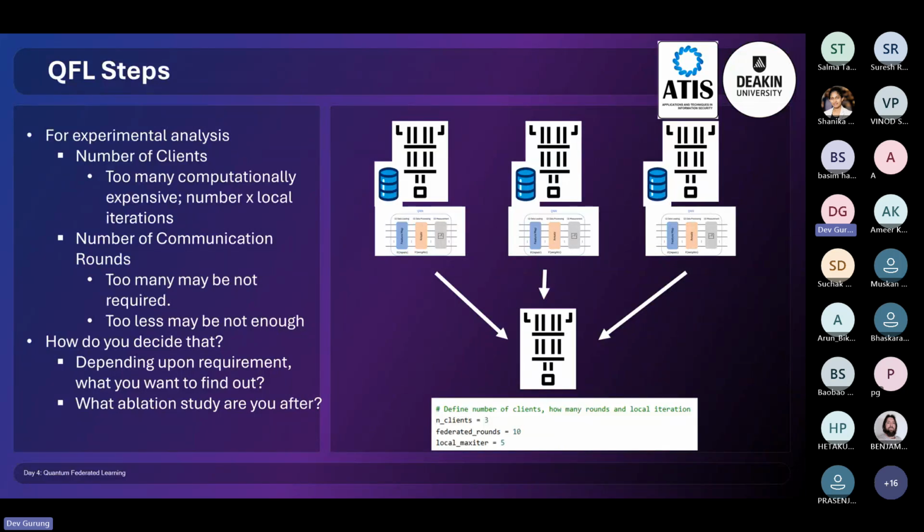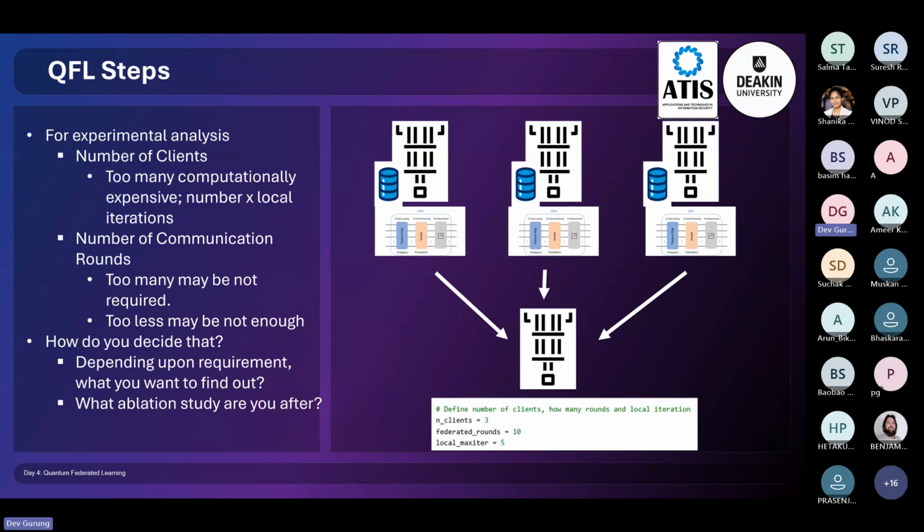If you take one local iteration, maybe fine, but if you take 100 local iterations, it will multiply by 100 times the number of devices, so it may take much more. So depending upon that, you decide how many clients to use. Normally in the literature we can see 10, 20, 50, 100, 200, even 1,000 clients, right?